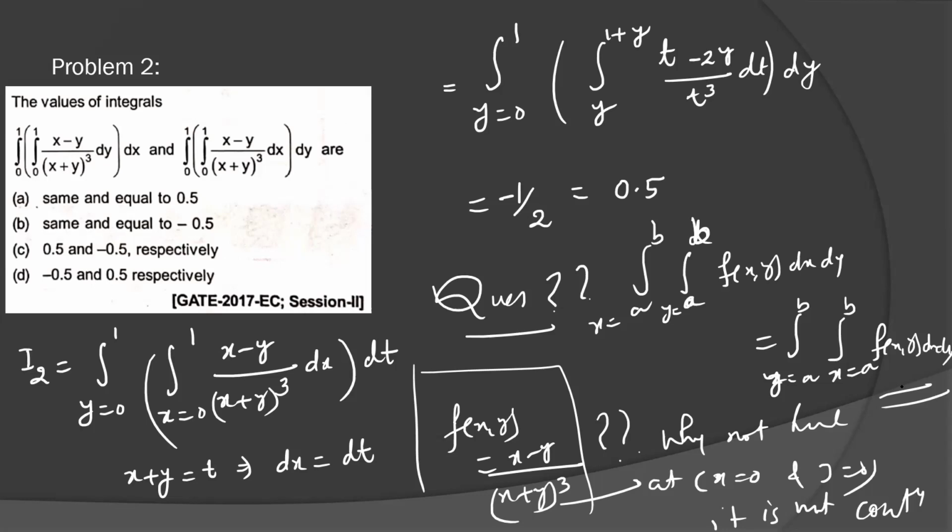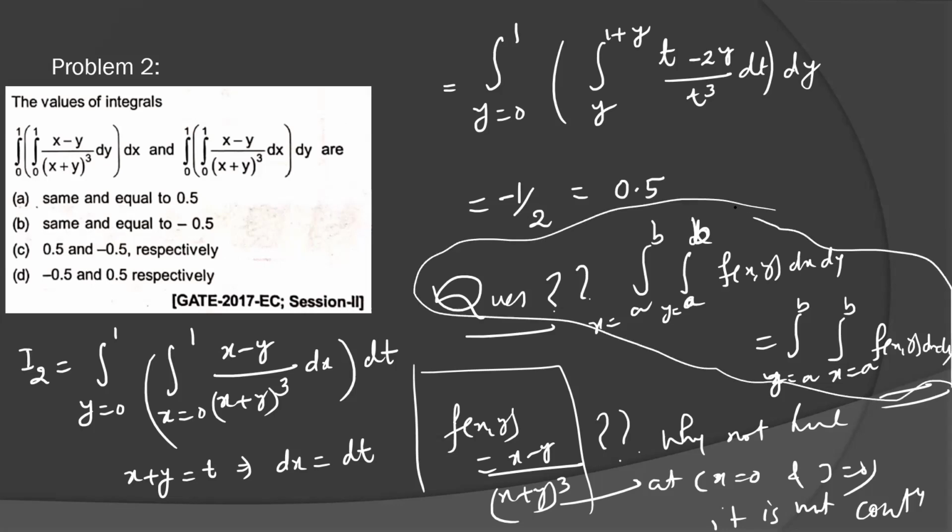But here it is not continuous, so we cannot claim this property as we have discussed in multiple integral part 1. For this property, f(x, y) must be continuous. So remember, this is a very famous problem in multiple integral theory.